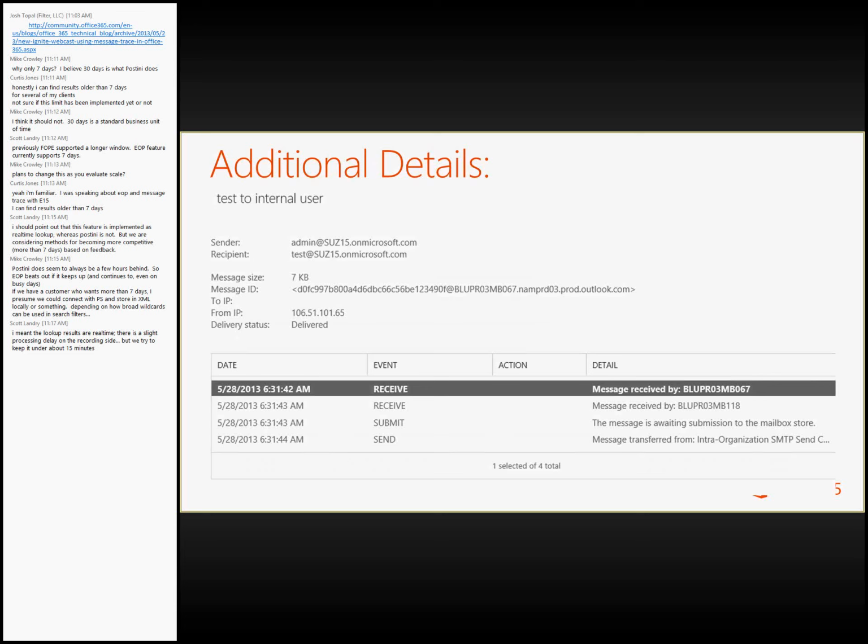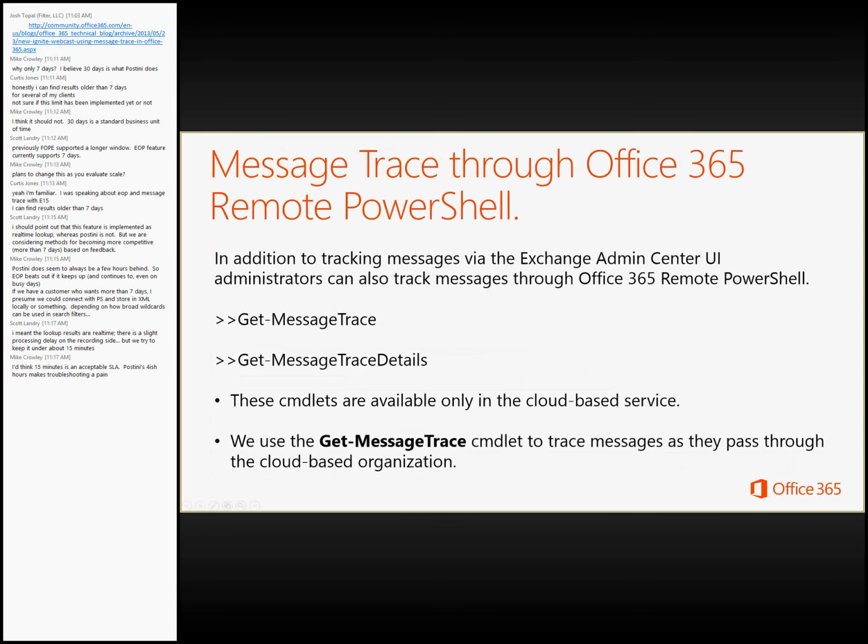Then it gets sent to another mailbox server based on the routing, and later it gets transferred to the intra-org send connector, because the email is being sent to an internal user, and hence it gets sent to the recipient there. Okay, so those were the details of the message traces we perform using the user interface.